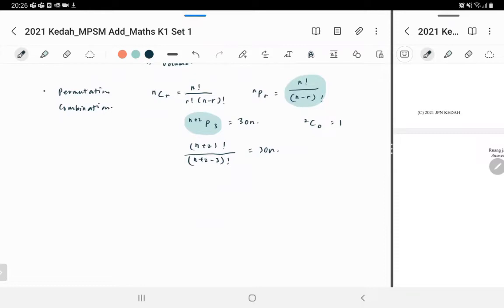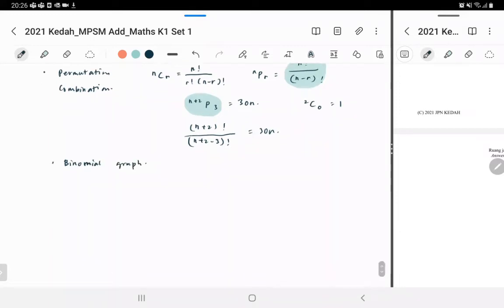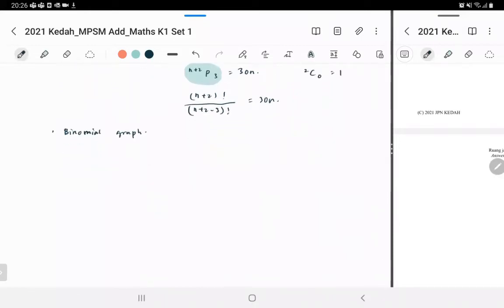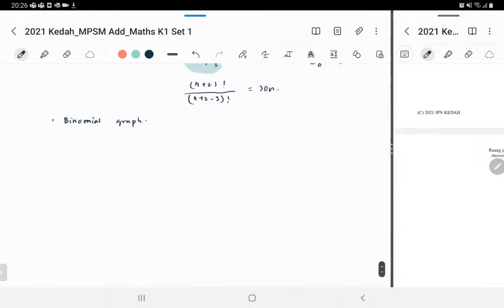Okay, and then another one is the binomial graph. Okay, binomial graph is quite popular this year also. A lot of the question asking you to sketch a graph. So before the sketching graph, you will need to know how to find the binomial.